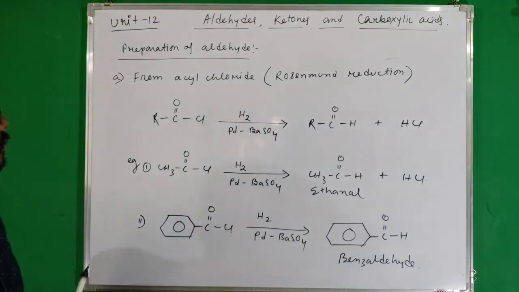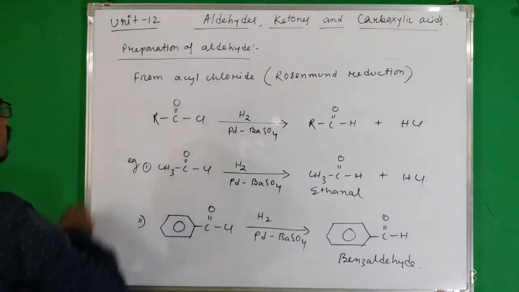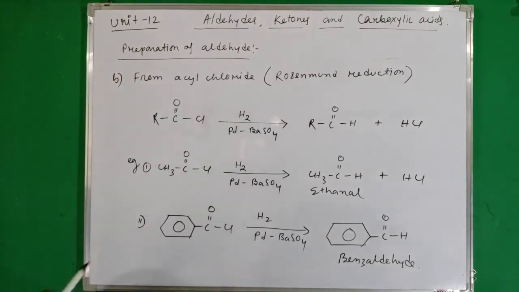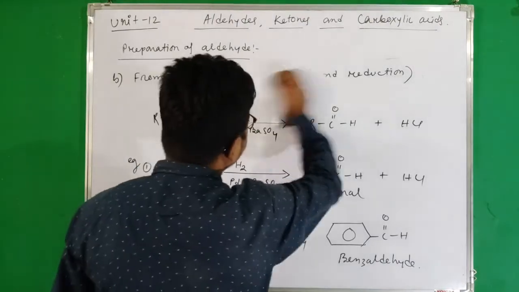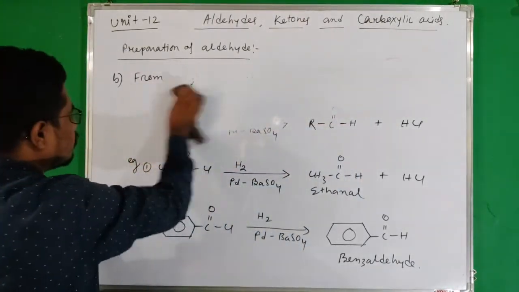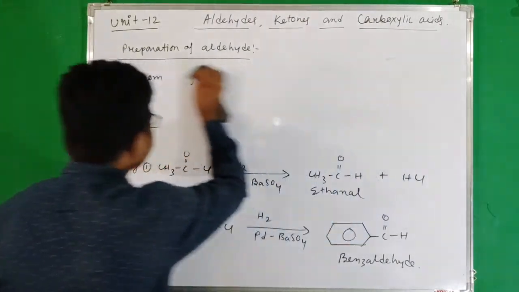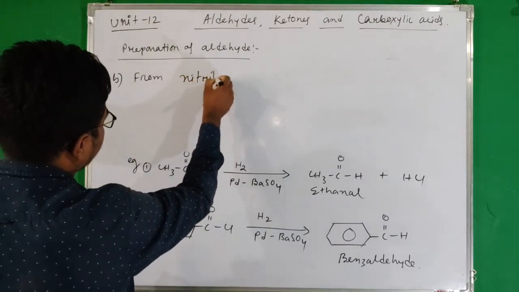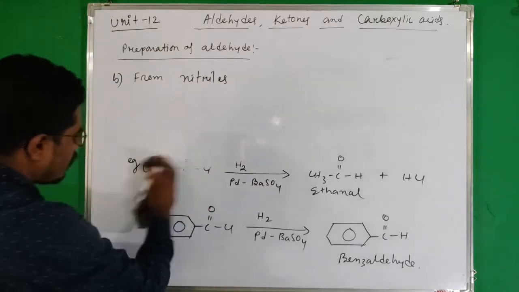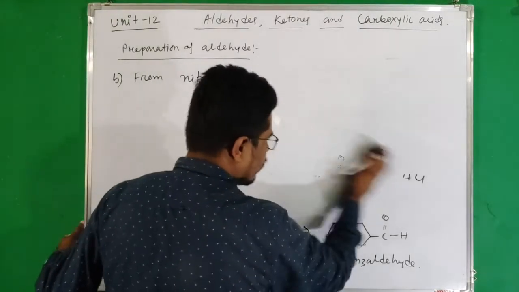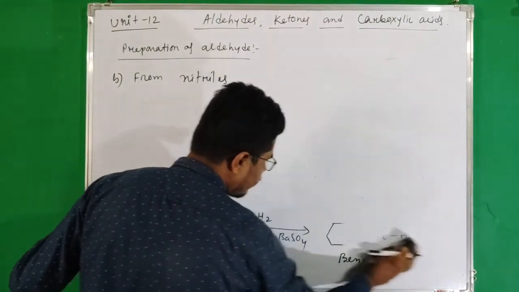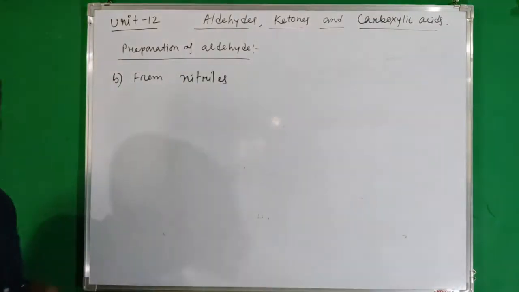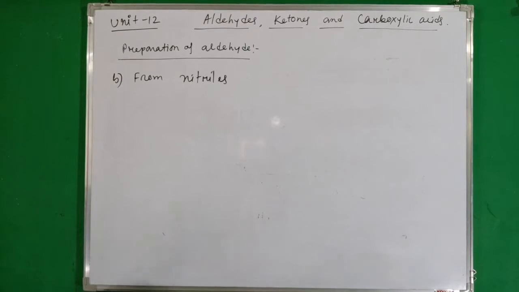After that, the next method, that is number B, is from nitriles. This reaction also has a special name, and the name is Stephen reaction.